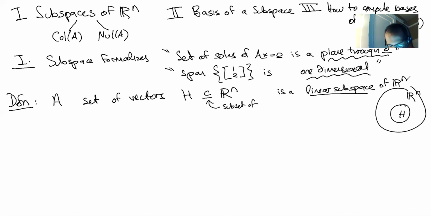Sometimes we'll just call it a subspace. In this course, subspace will always mean linear subspace, if three things happen.